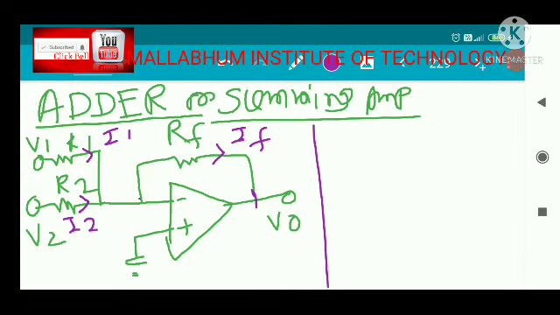So you can very easily apply the virtual ground concept. This potential is obviously at 0 volt. So what is the value of I1?